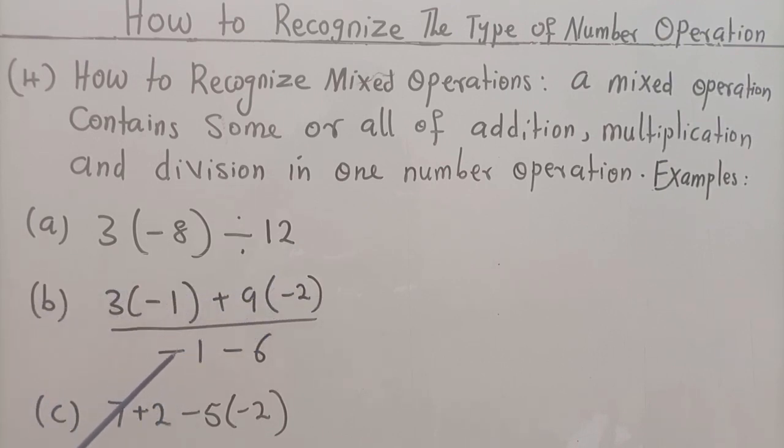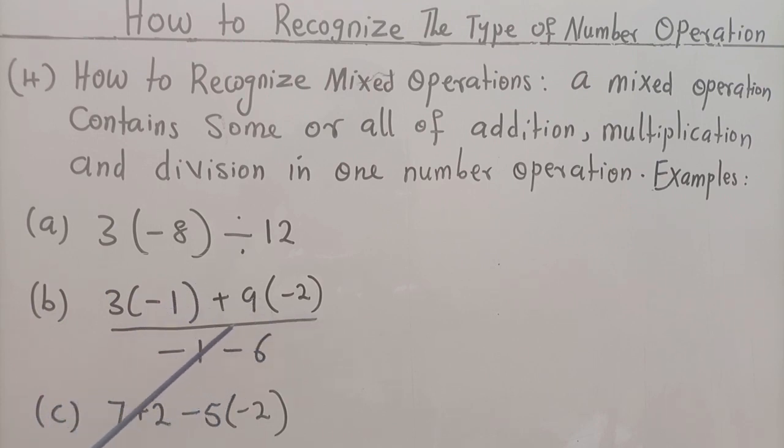Then you come down, minus 1, minus 6. We are to add minus 1 and minus 6. I hope you remember why what is required here is addition. So if you now add minus 1 and minus 6, you get one number. You now have one number on top, one number below.